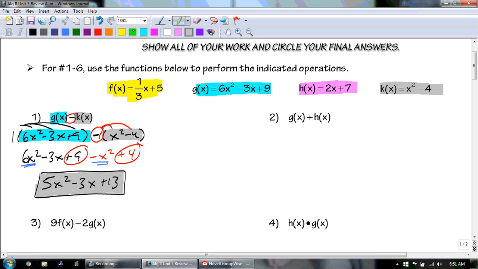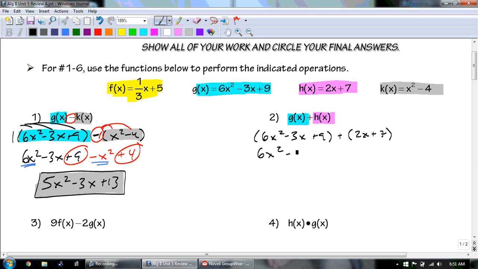Okay, number 2. We have g of x, and I'm going to add h of x. So g of x, once again, is the 6x squared minus 3x plus 9, and I'm going to add that to 2x plus 7. Now, if it's positive, I don't change anything.